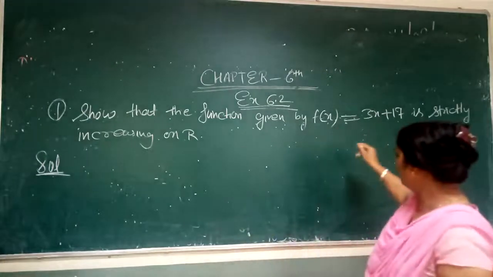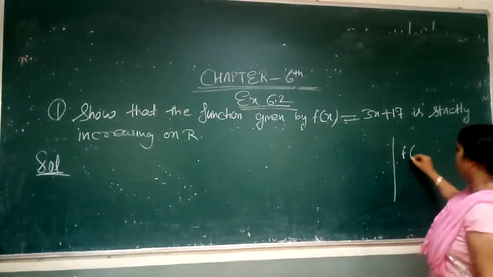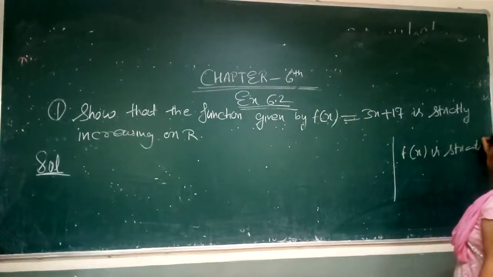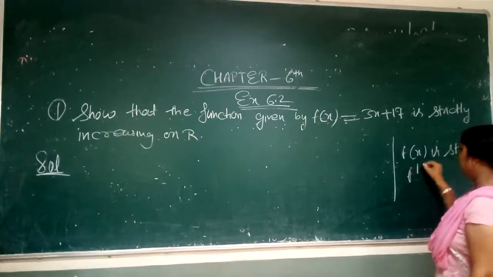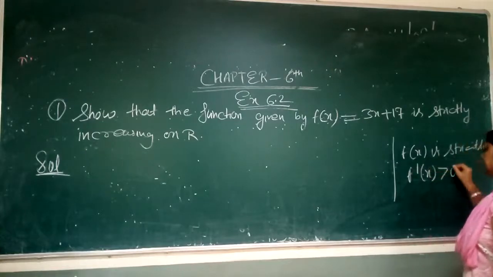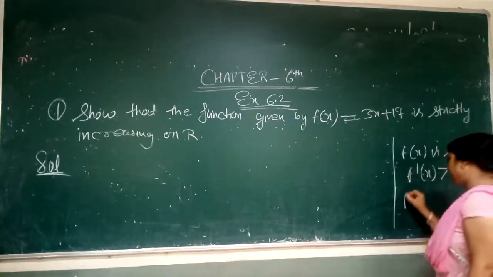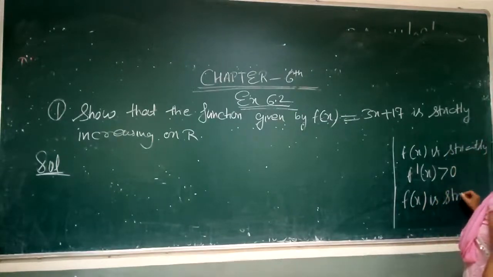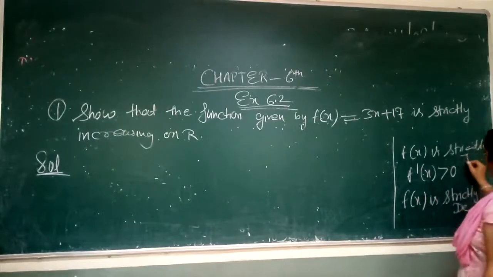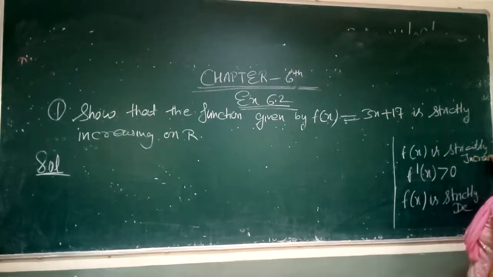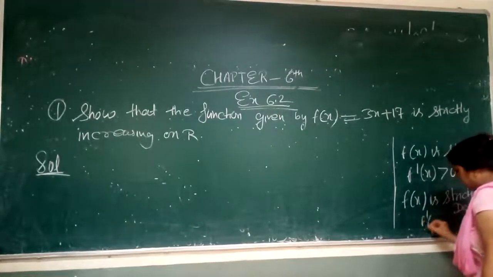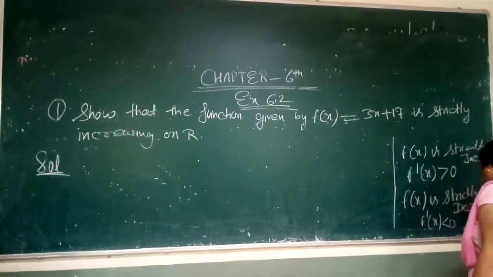Now, if f(x) is strictly increasing, what is the condition for this? f'(x) is greater than 0 for strictly increasing. If f(x) is strictly decreasing, then f'(x) is less than 0 for decreasing.